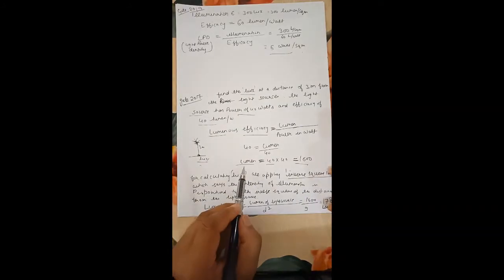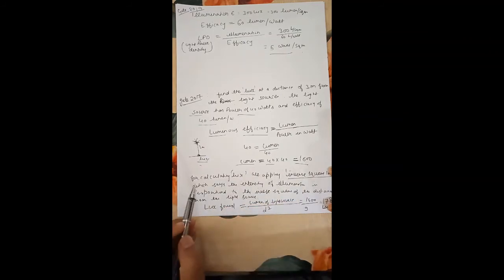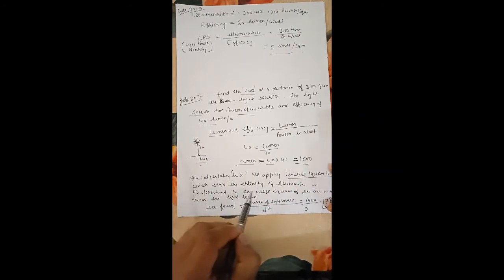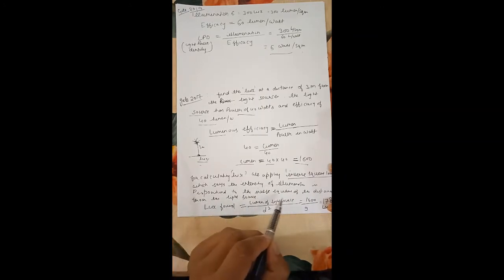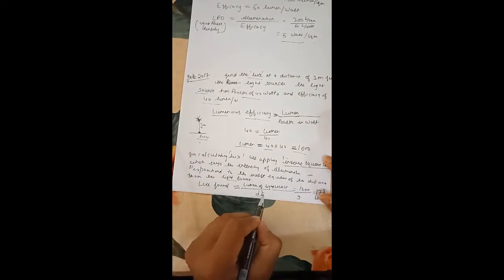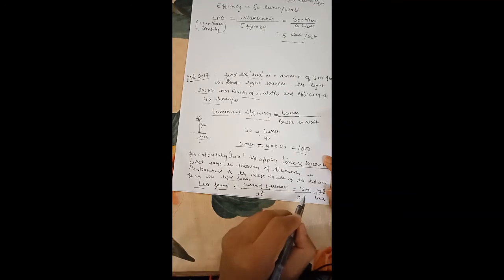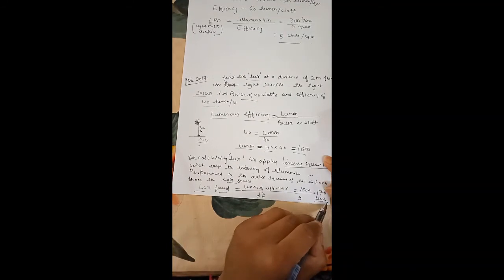So we found the lumen, and for calculating lux we apply the inverse square law, which says the intensity of illumination is proportional to the inverse square of the distance from the light source. So the distance given from the light source we have to square, and lux will be the lumen of the light source divided by the square of the distance, so our lux will be calculated.